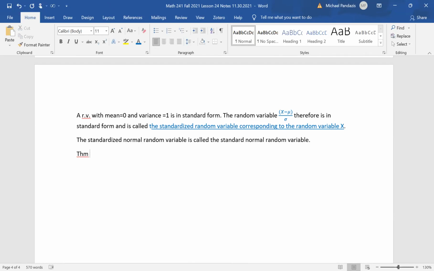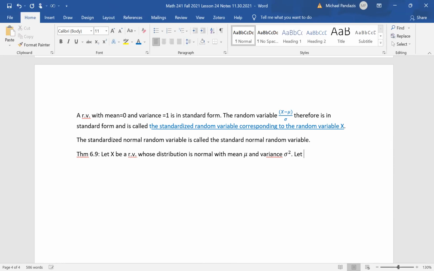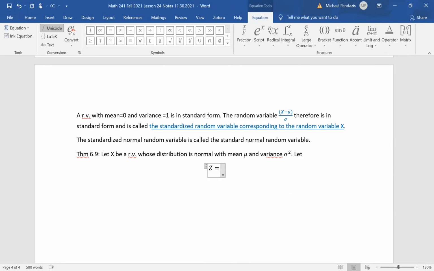Theorem 6.9. Let x be a random variable whose distribution is normal with mean mu and variance sigma squared. Let z equal x minus mu over sigma.